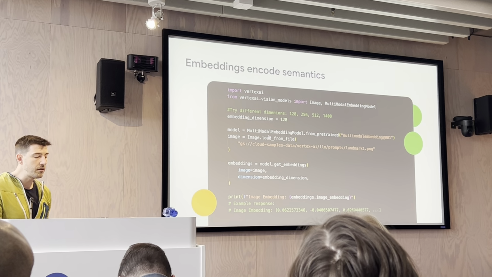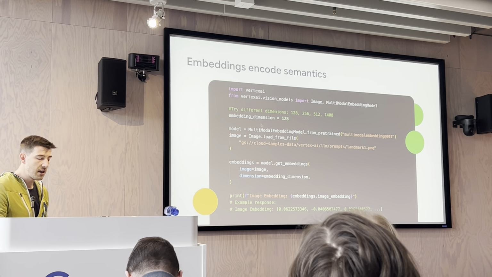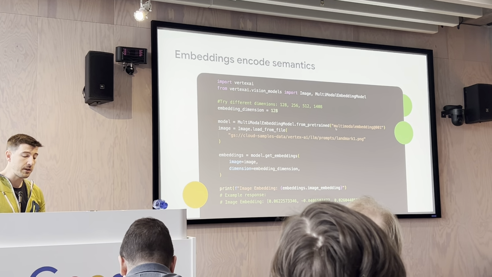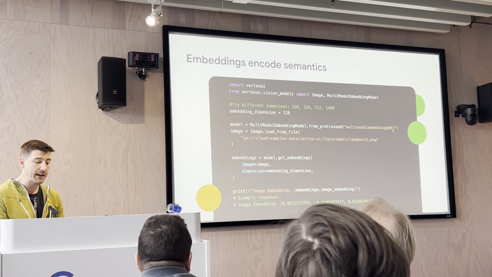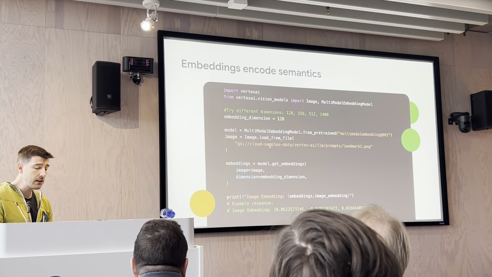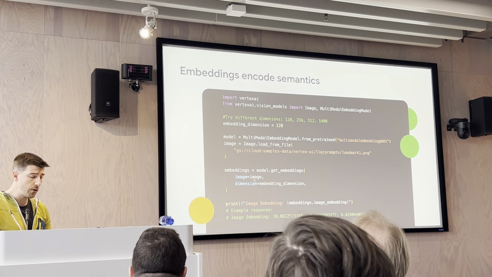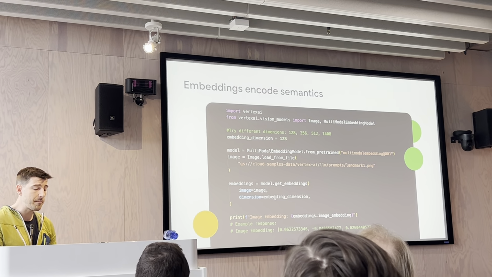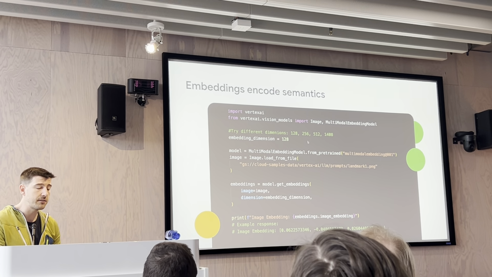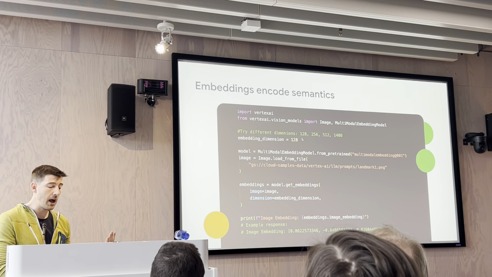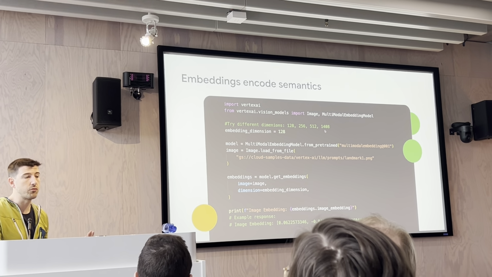We have this unified SDK of Vertex, and easy as that, you can just load the model, which is multimodal embeddings, version 1. Then you can use that with just one API call, where you input the image and select the dimensions. Our API can give you an embedding with an embedding space from 128 to 1408.